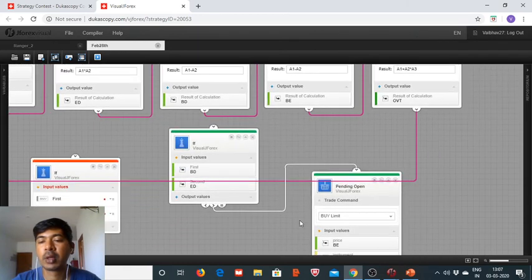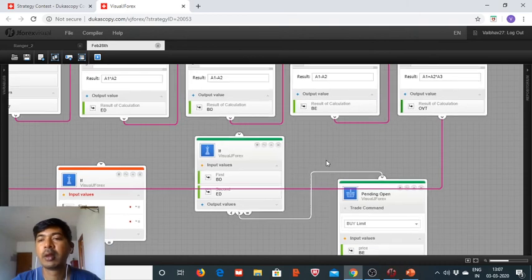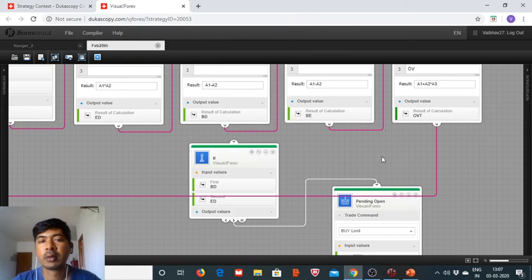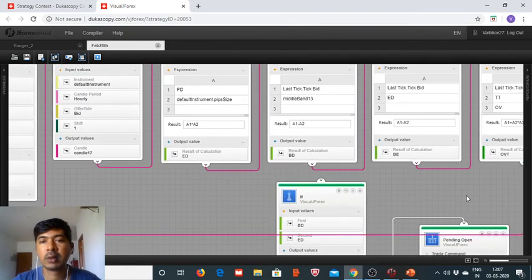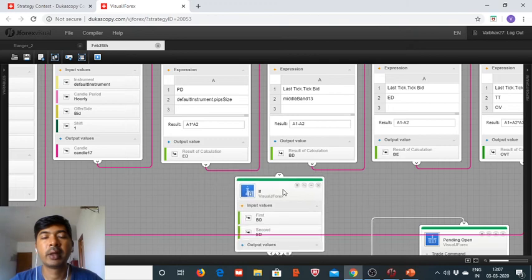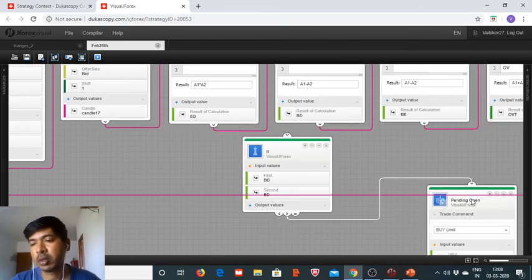Now we have put in the BE here. Okay. So that's the only condition. Here we will need to add that the buy difference is more than the execution difference. Okay, now I'm sure.